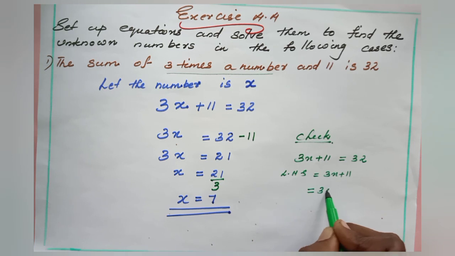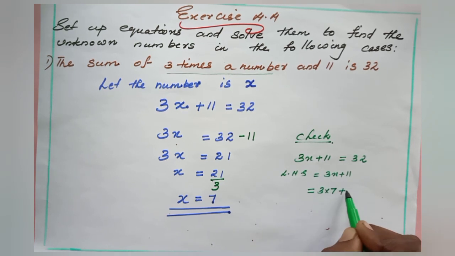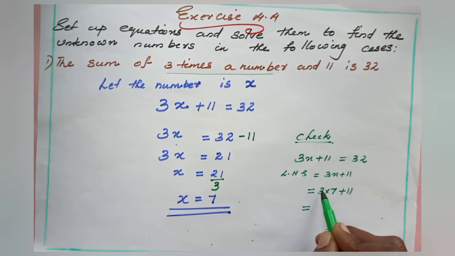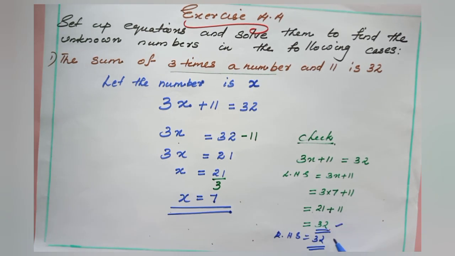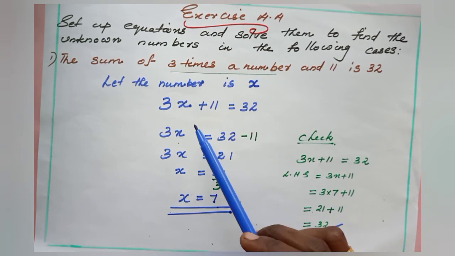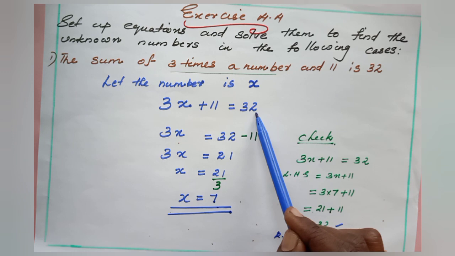Substitute x equal to 7: 3 into 7 is 21, plus 11 is 32. The RHS is the same, 32. The left side and the right side answers are the same. So x equal to 7 is the correct solution of this equation. Understood, all of you?